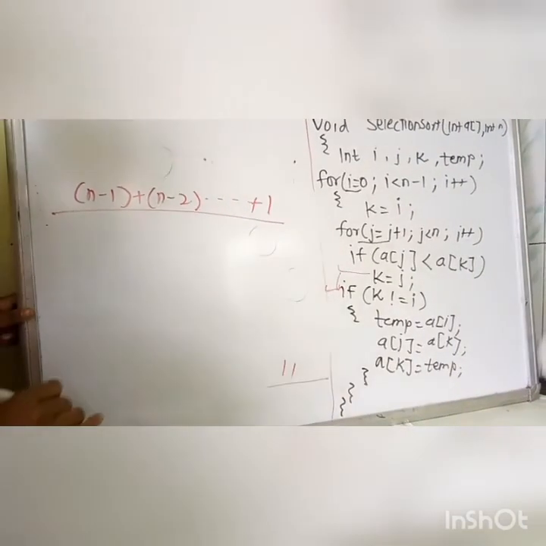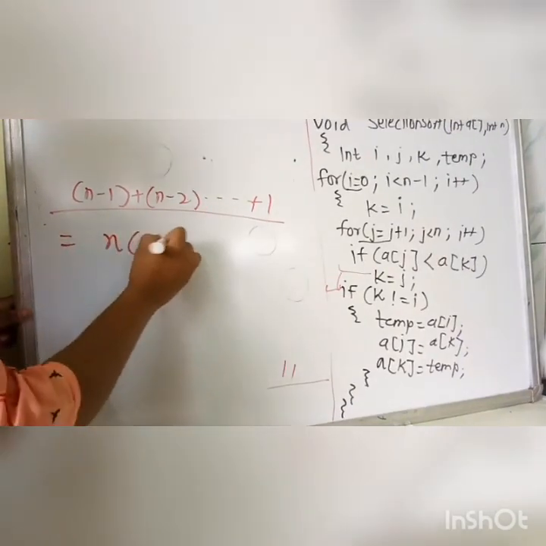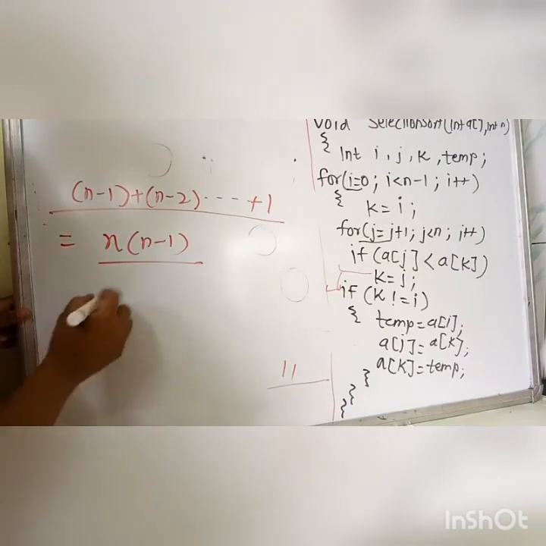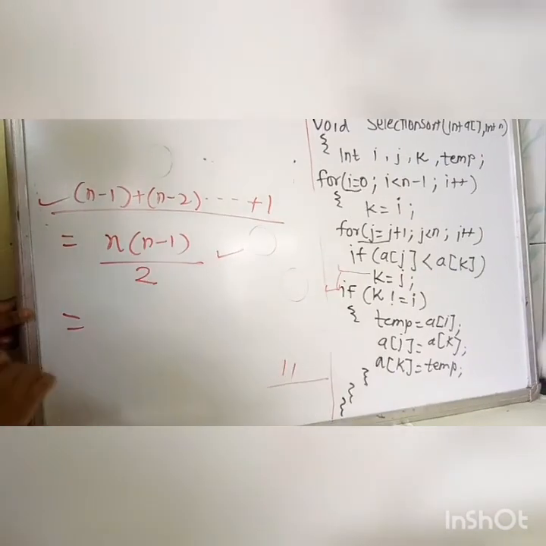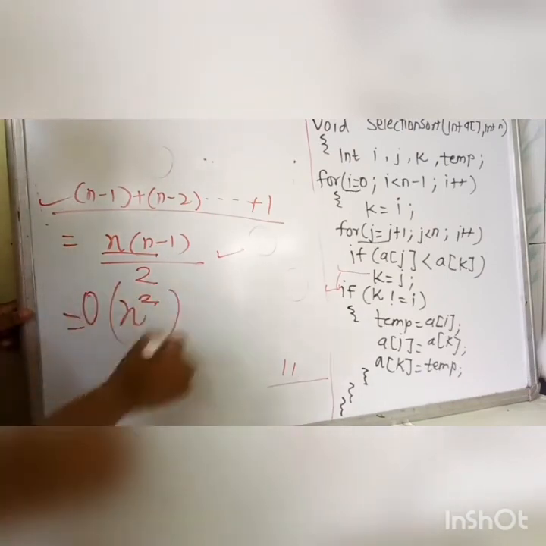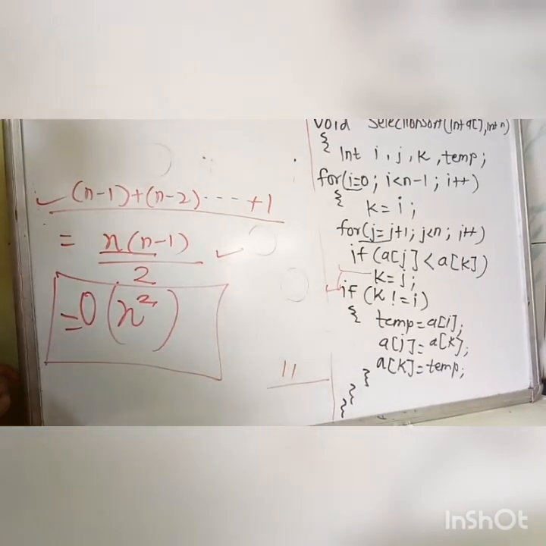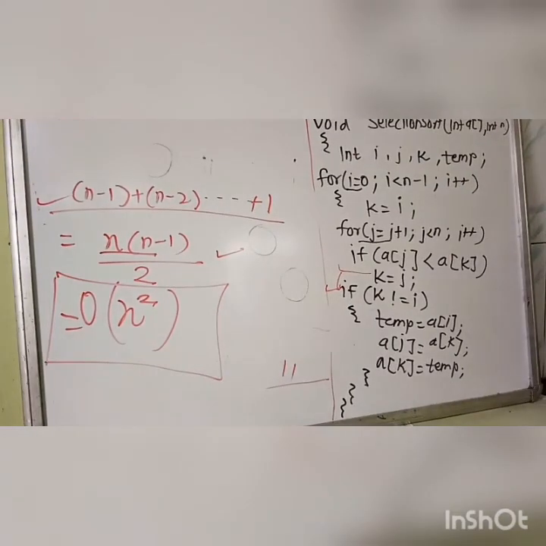We convert this into the formula n into n minus 1 by 2. This is the mathematical formula for this term. By performing further operations, we get n square. So the time complexity of the selection sort algorithm is big O of n square. So this is all about the third sort, that is selection sort.